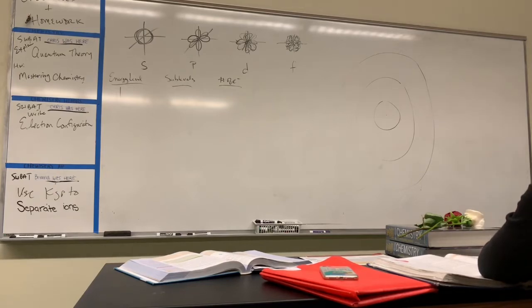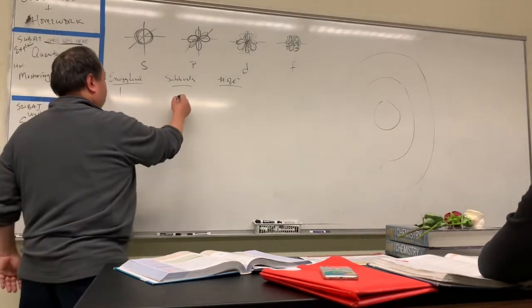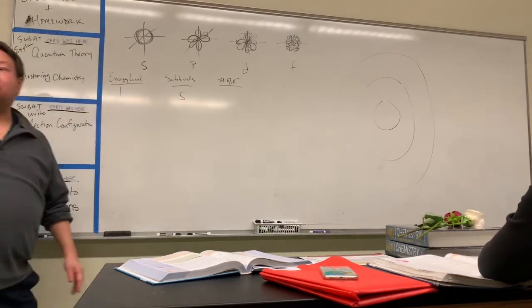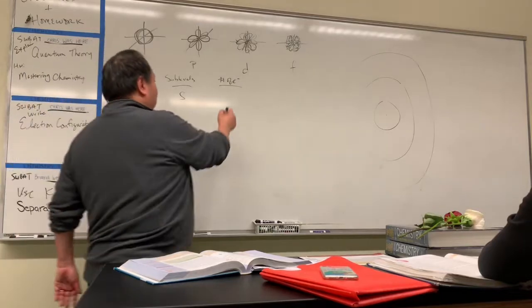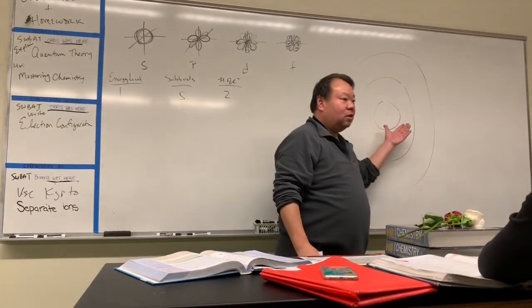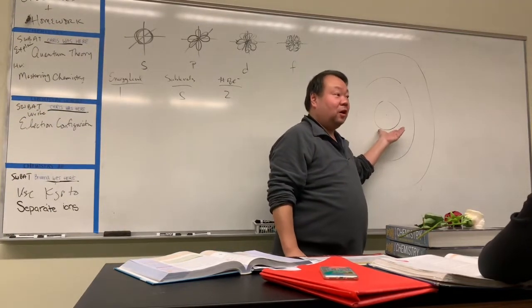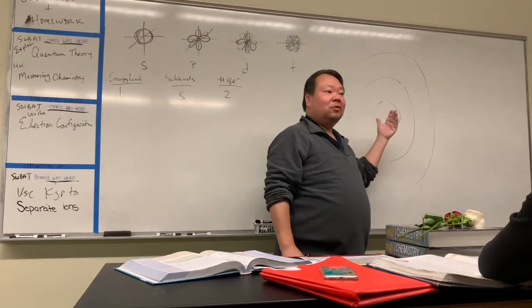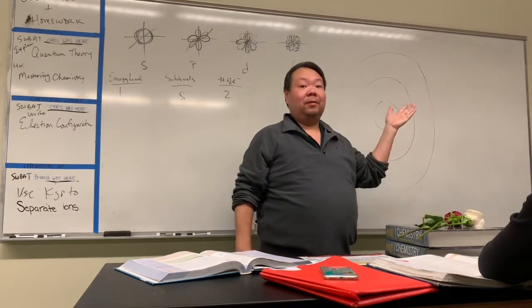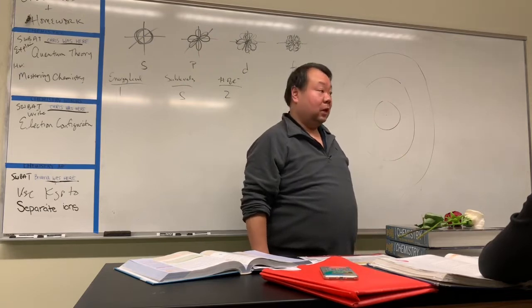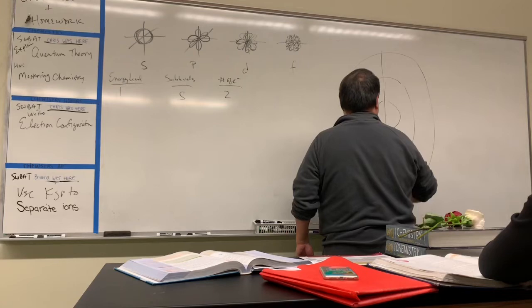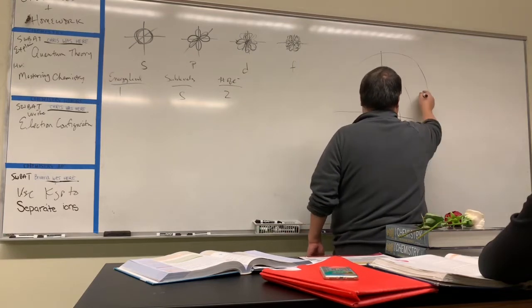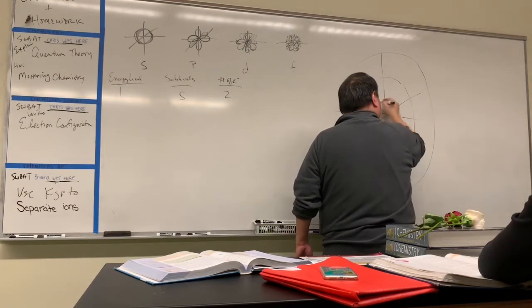That's all it has room for. So how many electrons can the first energy level hold? 2. That's all. It's small. It's really close to the nucleus. It's not a big amount of space. Understand? And it's only an S sublevel, therefore only 1 orbital. You got me? Yes. And if I were going to draw it, and imagine these are X, Y, Z coordinates, it's just a sphere around the nucleus.